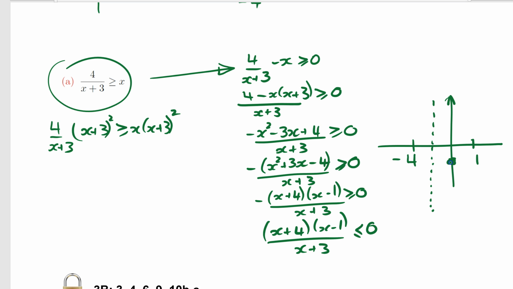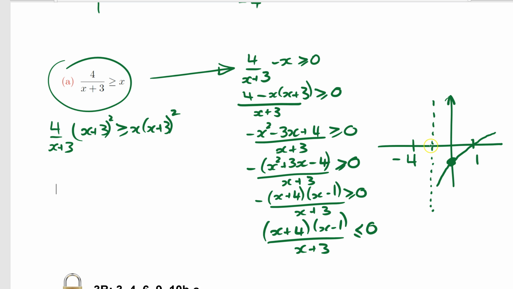So we're down here, negative. To the right of the value of 1, so if I put 2 into this, for example, 2 plus 4 is a positive, that's a positive, that's a positive, so I'm up above the axis over here, and I'm down below it here, and I know I'm not allowed to equal that.